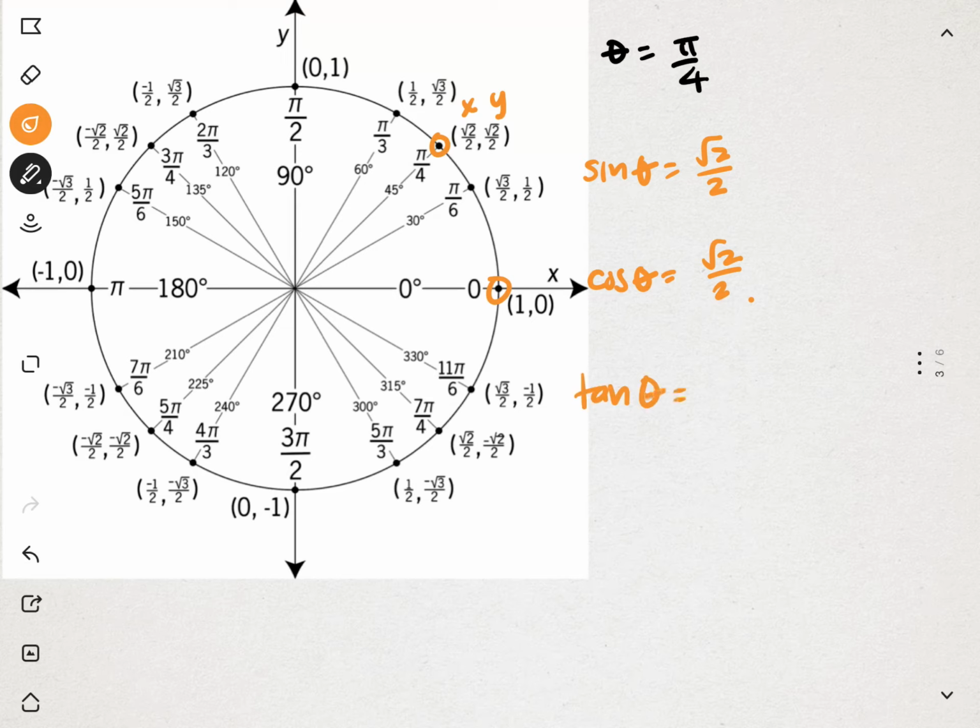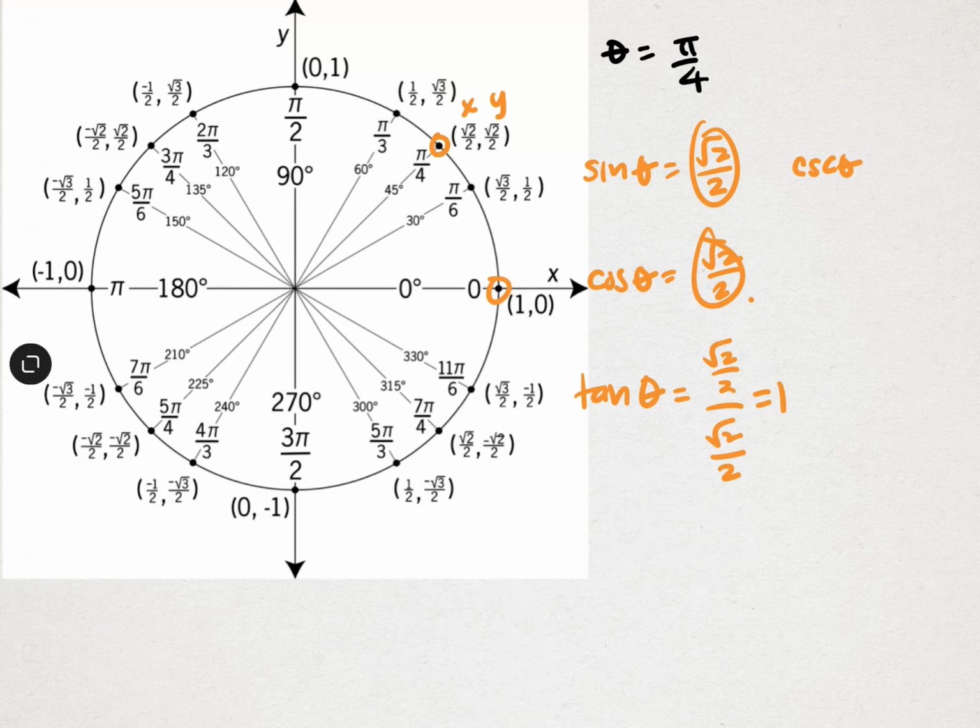Now we can do this as a complex fraction. We talked about that before. But because we're doing a 45-45-90 triangle here, and the sides are the same, anything divided by itself is equal to 1. Then cosecant. I know we talked about rationalizing, so because we're doing the reciprocal, we can multiply by radical 2, top and bottom.